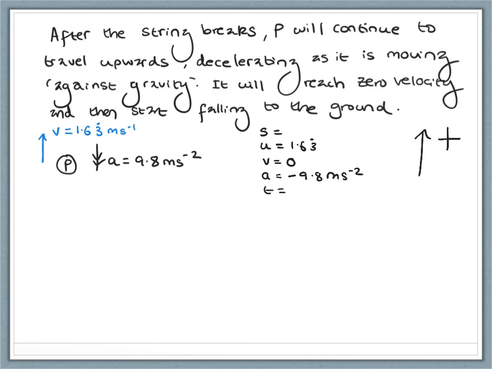And t, we don't know the value of. But we're going to work out how far it travels, and the time taken to travel this distance upwards to a point of 0 velocity.